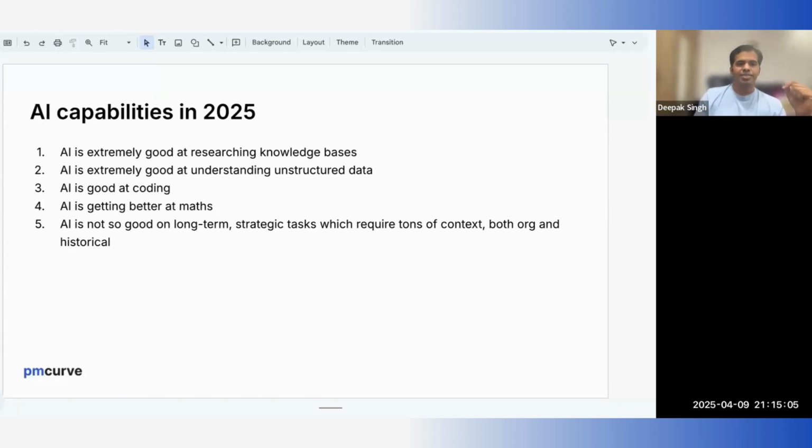The second, AI is extremely good at understanding unstructured data. So your support tickets, your ratings and reviews, something that PMs were supposed to spend time gleaning through one by one because data science could not solve that problem, that problem is solved. Which means you don't have to spend a lot of time looking at support tickets, user interview scripts, or, let's say, ratings and reviews.